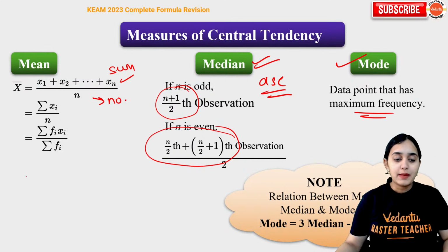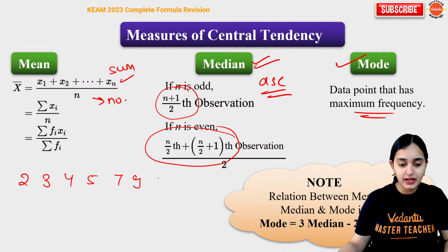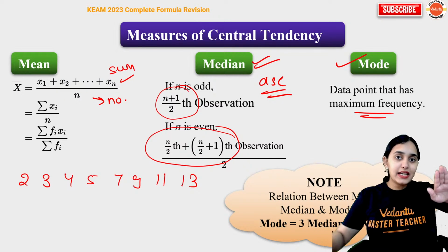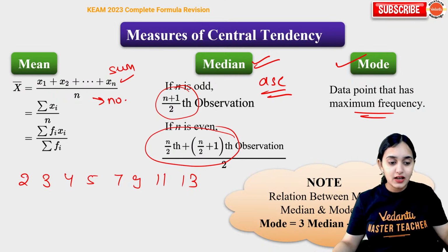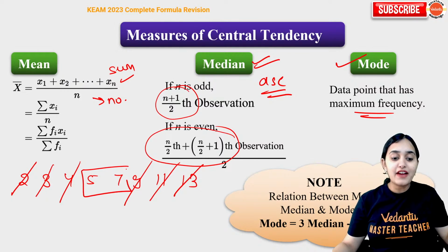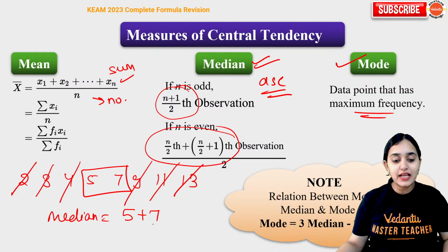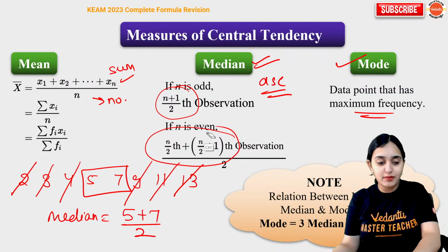Suppose you have arranged 2, 3, 4, 5, 7, 9, 11, 13. Count from starting and ending. Remove one value, 1 from start, 1 from end. Second, third. Now what is left? Two numbers are left. So median will be (5 plus 7) by 2. So simple.